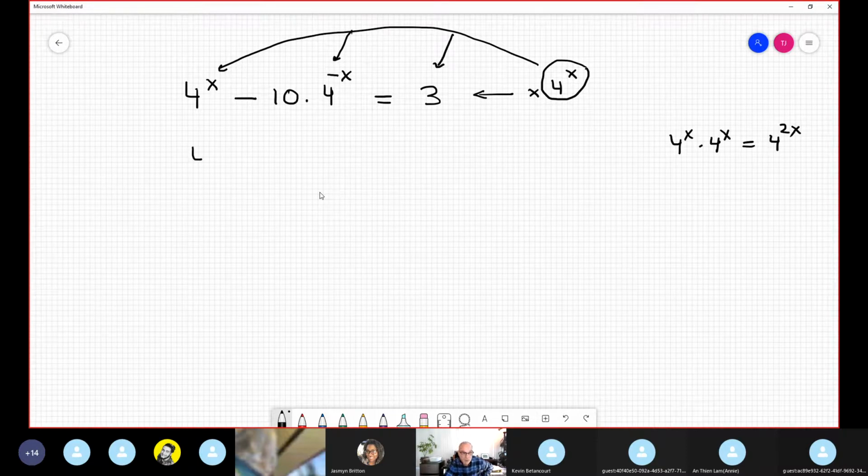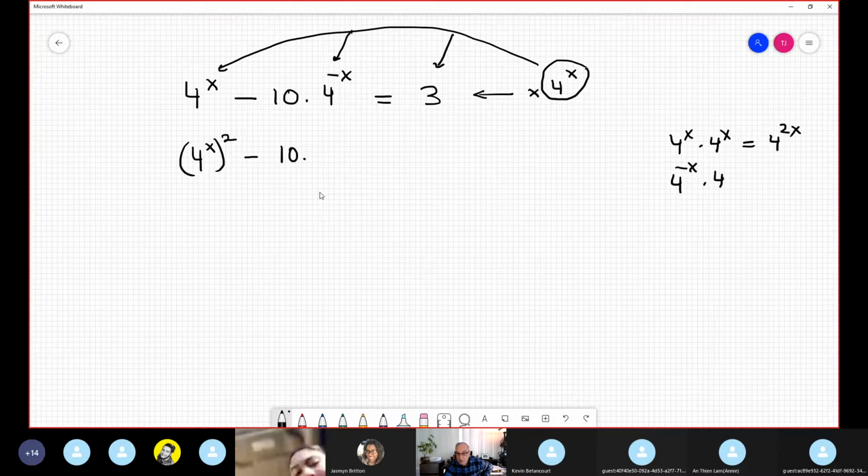So 4 raised to the 2x is equivalent to saying 4 to the x, squared. Make sense or no? Because the rule for different levels of the exponent is multiplication. Minus 10 times something. This is 4 to the minus x times 4 to the positive x, the multiplier that I defined at the beginning, is 4 to the 0, because minus x plus x is 0.